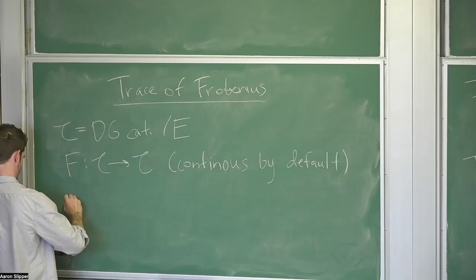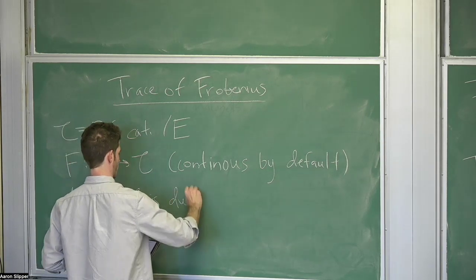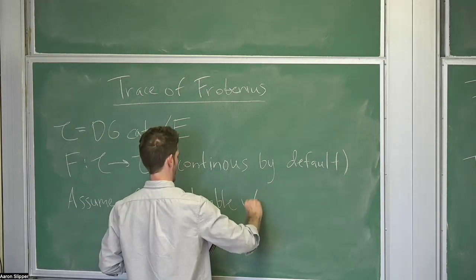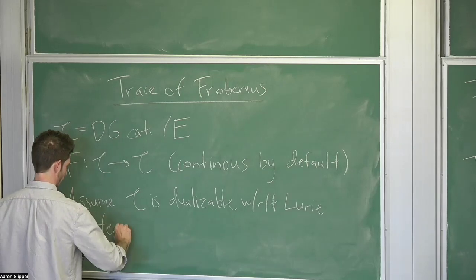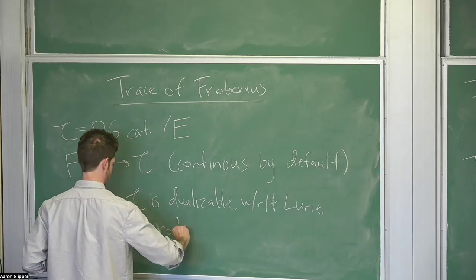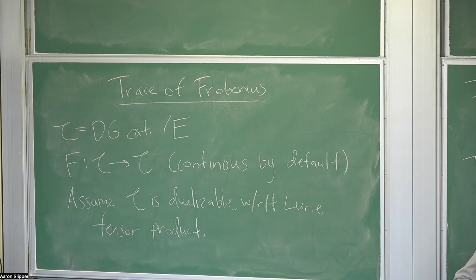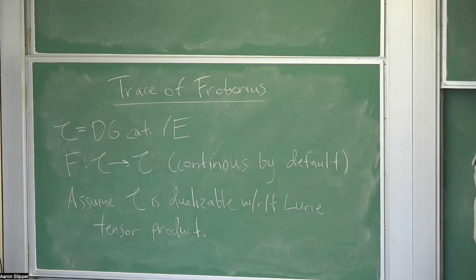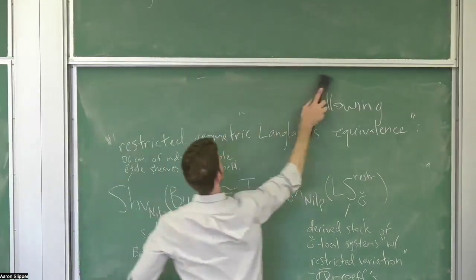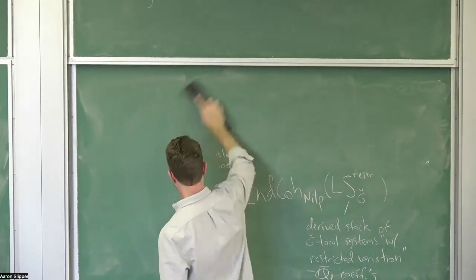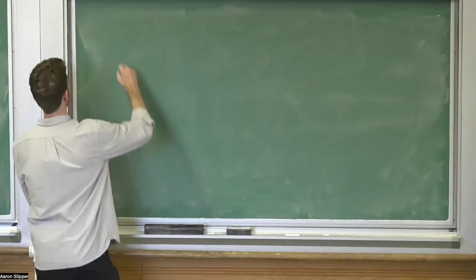Okay, and then we also assume, for the construction I'm about to make, that C is dualizable with respect to the Lurie tensor product, just its natural tensor product that exists on these categories. Okay, so then we can make the following construction.